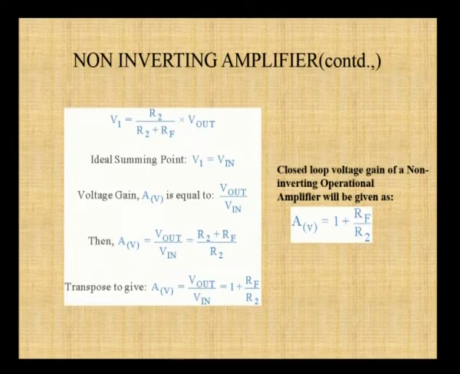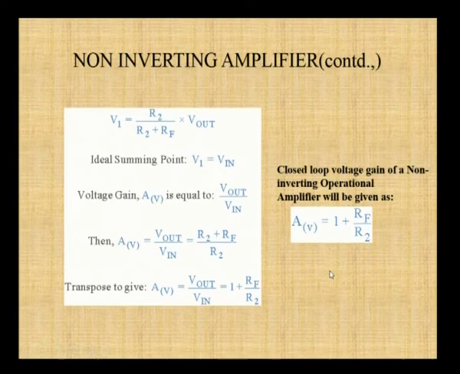But in the case of the inverting amplifier, it is minus Rf by R1. So if we make Rf equal to R2 in this non-inverting amplifier, we get a gain more than 1. It is always greater than 1.